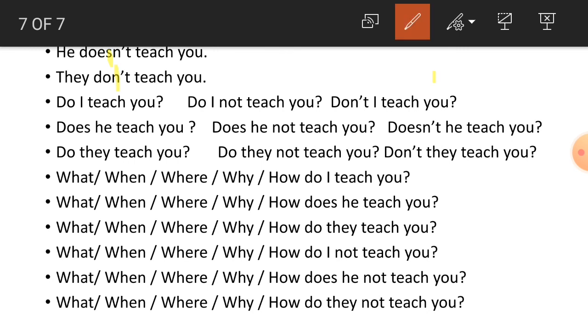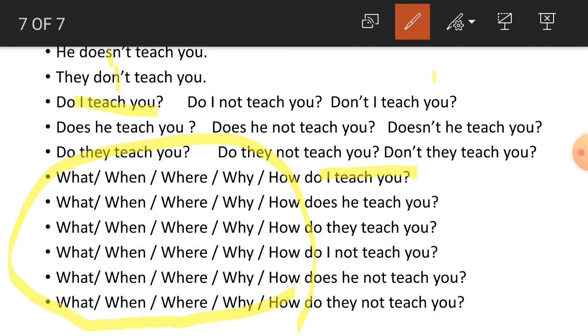Here you can check this one and this one. This is the same. It means if we want to make a direct question into an indirect question, we can place only these WH words before direct interrogative sentences.